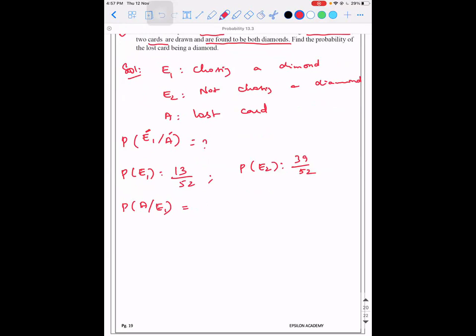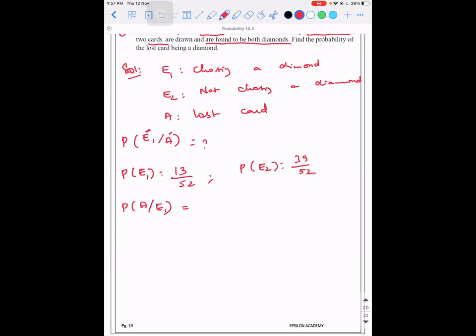How did you say it is 1 by 13? Totally 13 diamond cards, and one card is lost, so 1 by 13.